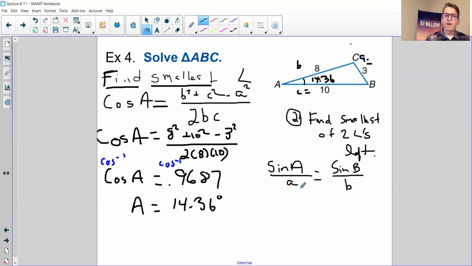The sine of A over A is equal to sine of B over B. So that puts us at sine of 14.36 divided by 3 is equal to sine of B over 8.